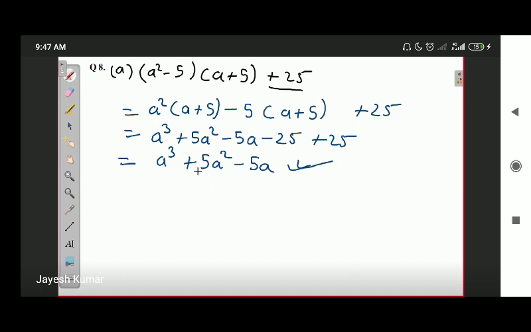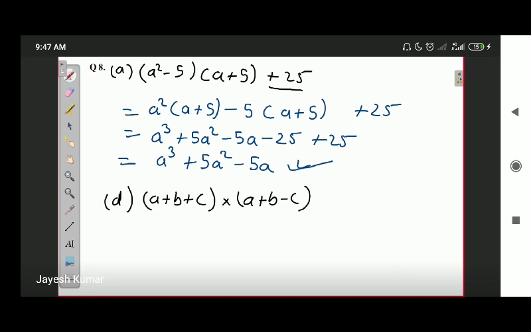Okay. And now it's D part. D part is multiplication of two trinomials. a plus b plus c is one trinomial and it is to be multiplied with a plus b minus c. This is multiplication of two trinomials. Okay.